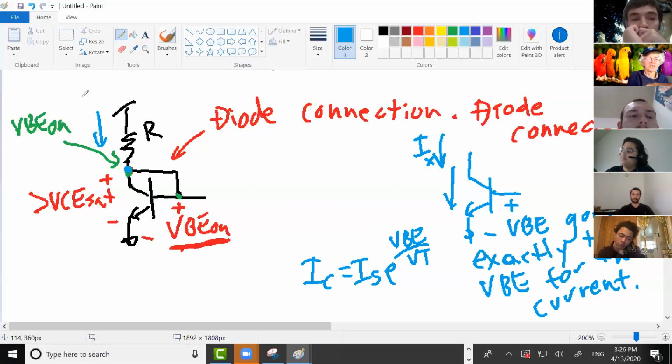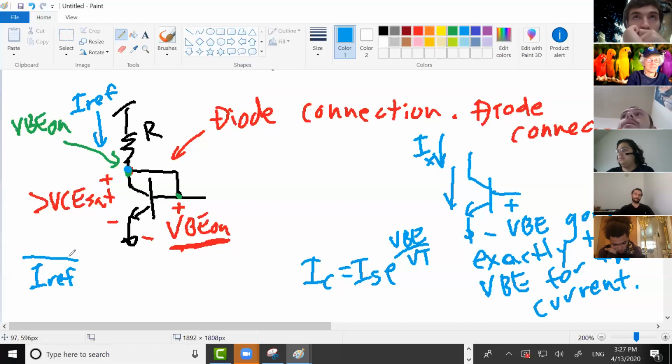How do you force a particular current, call it IREF, through that resistor? I guess you would do VDD minus VBE on over I to get R. Yeah, you would do that.